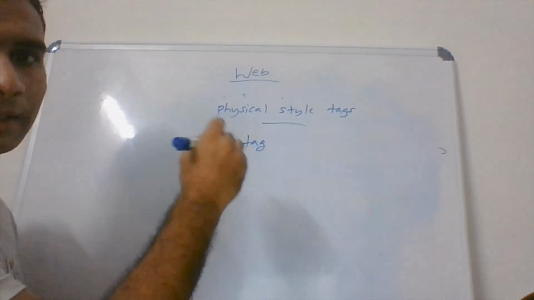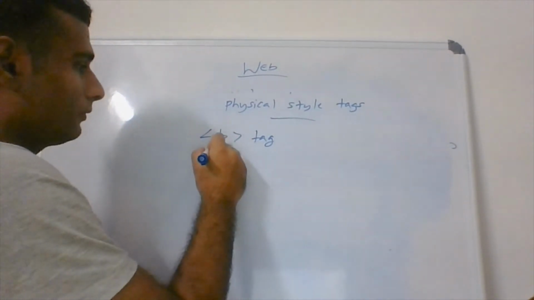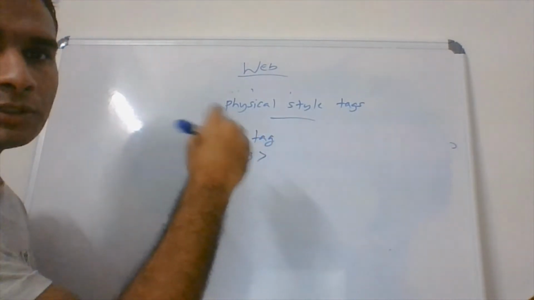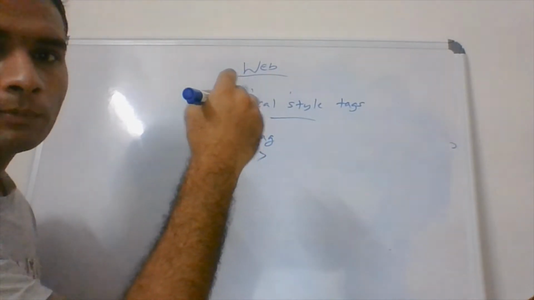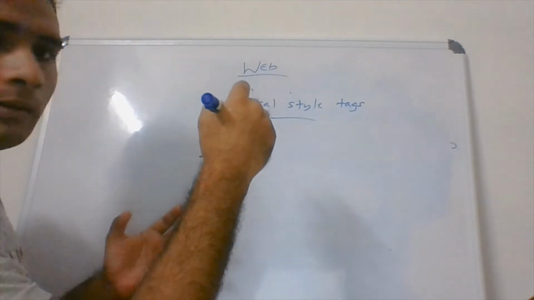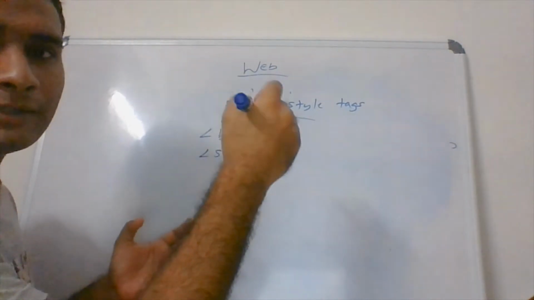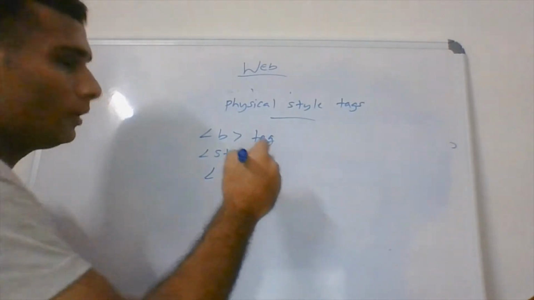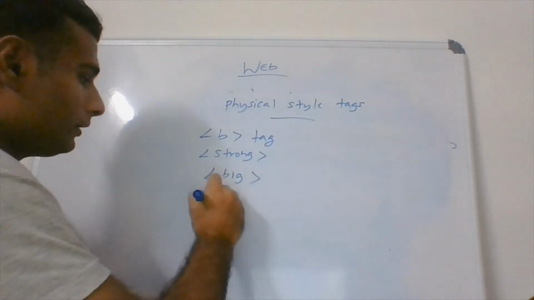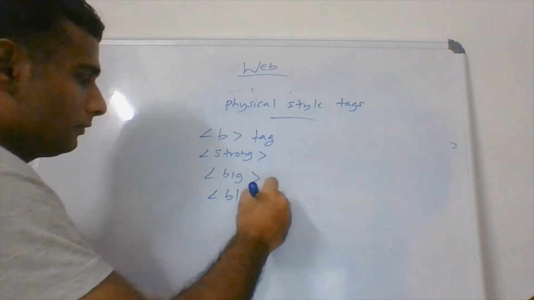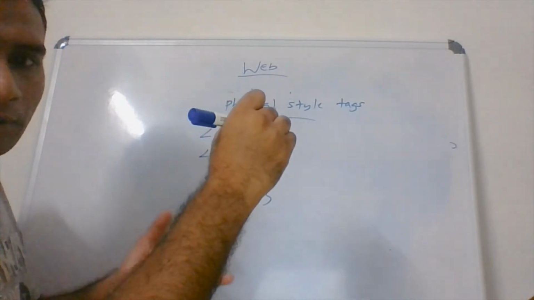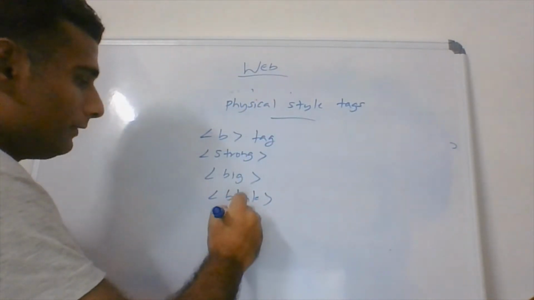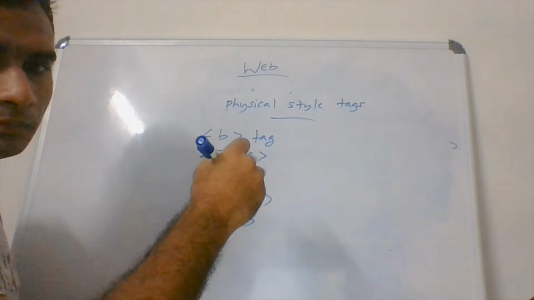So we have the B tag, it is for the bold. Then we have strong tag for more content based style tag. Then we have big for big text. Then we have blink so that we can blink on and off. Then we have I for italic.